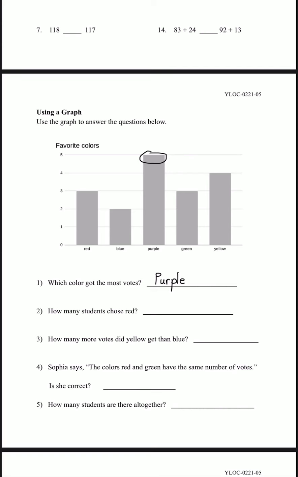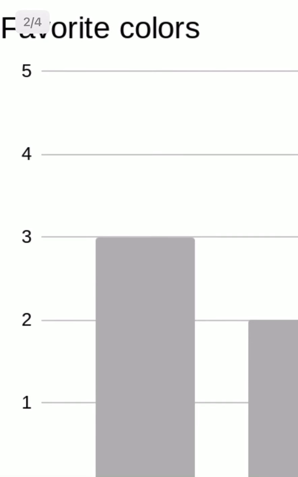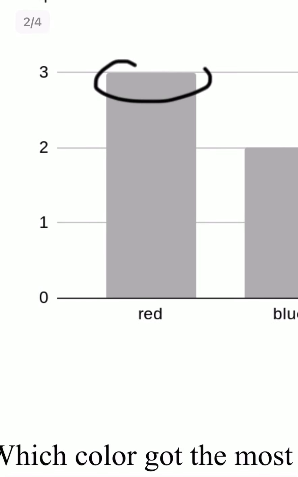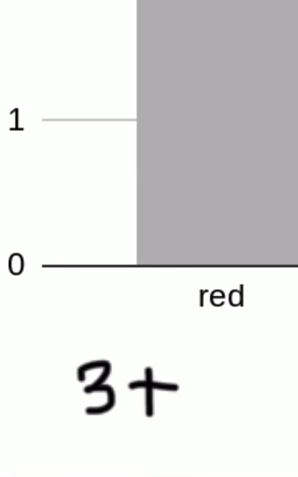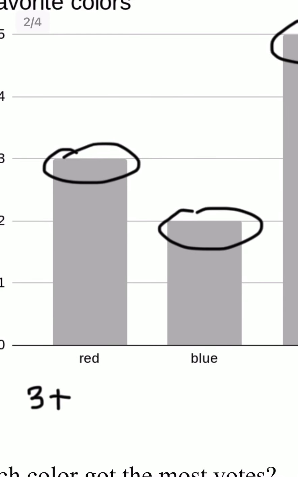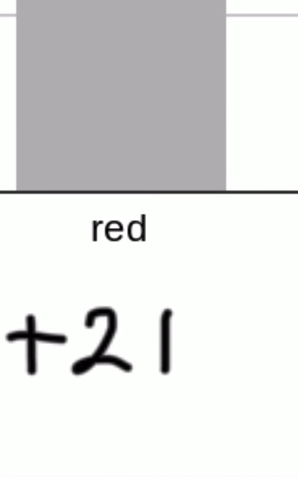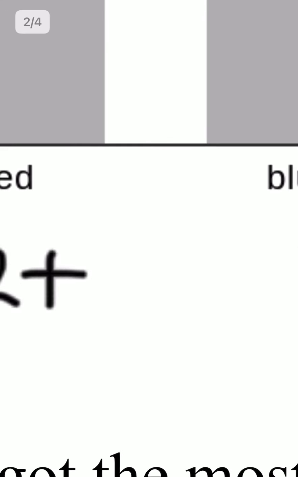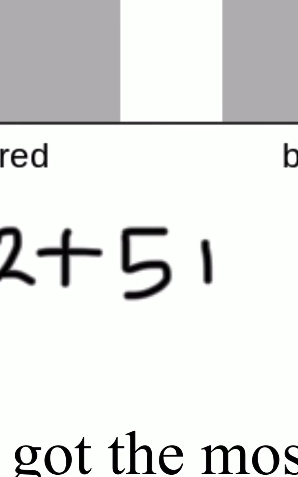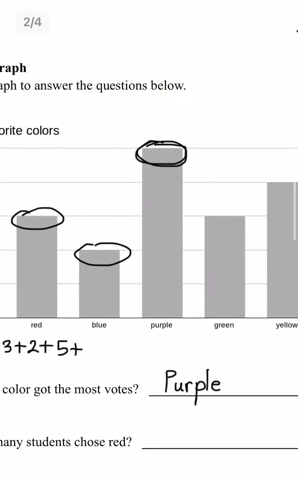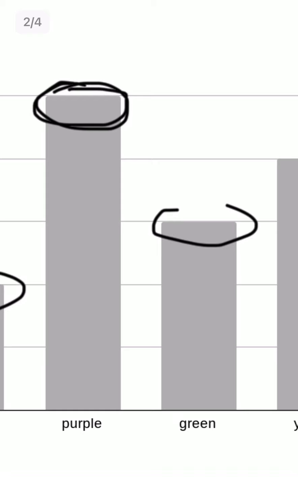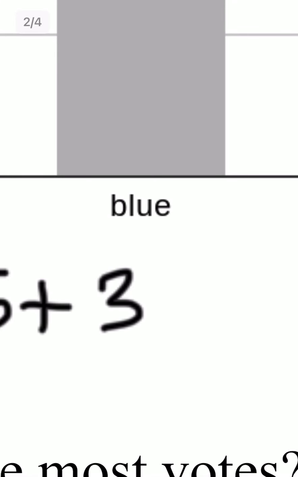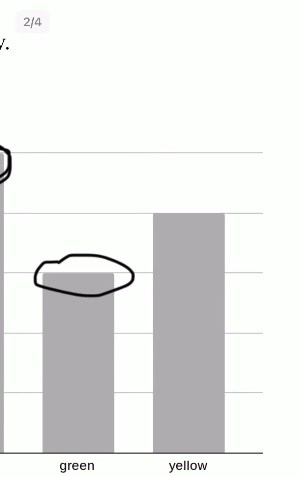And to know how many students are there altogether, we have to add all the numbers. So 3 plus 2 plus 5 plus 3 plus 4.